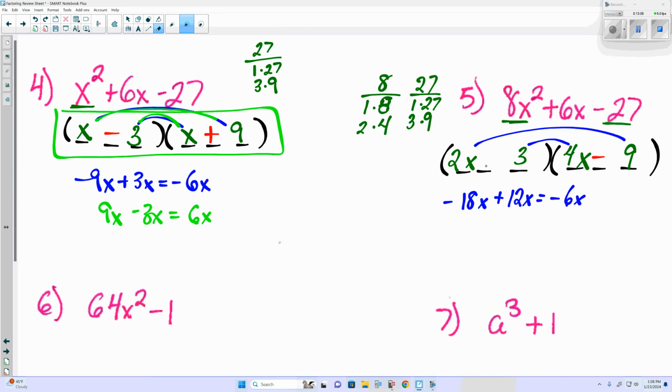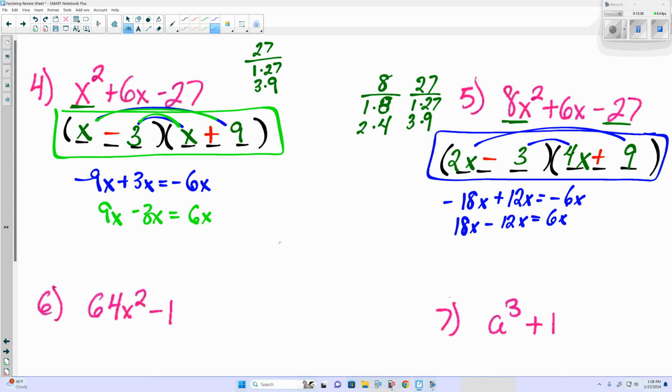We got the correct number but wrong sign. So we need to switch the signs, make the first one negative, the second one positive. And if we check this one again, 2x times 9 is now positive 18x. Negative 3 times 4x is negative 12x, giving us a positive 6x. So these are the correct factors.